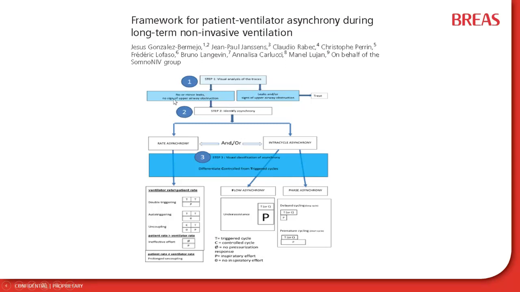Step 1 is to rule out leaks and rule out obstruction. Once leak and obstruction have been ruled out, the following step is to identify asynchrony. We split the asynchronies in 2 different groups: rate asynchrony and intracycle asynchrony.